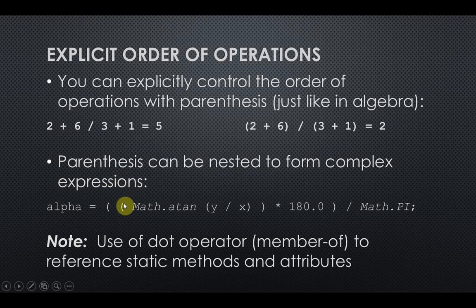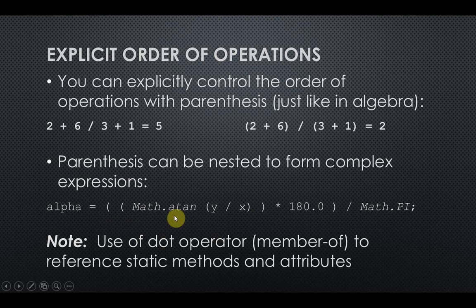So we can apply that to more complex examples. If we look at this example, we start at the innermost nested parenthesis, y divided by x. We evaluate that expression, which is probably going to be a double, and then we pass that as a parameter to the arctangent member of the Math class. This is a static method in the scope of the Math class, and I know that because I rendered it in italics, but also because we access it with the name of a class followed by the member-of operator, dot.